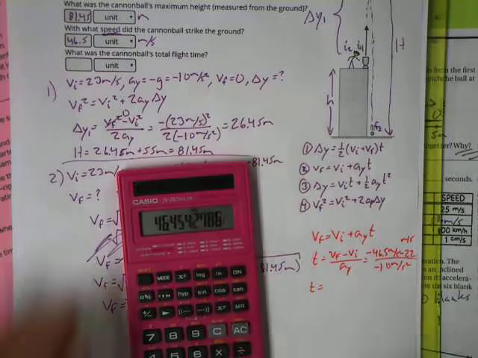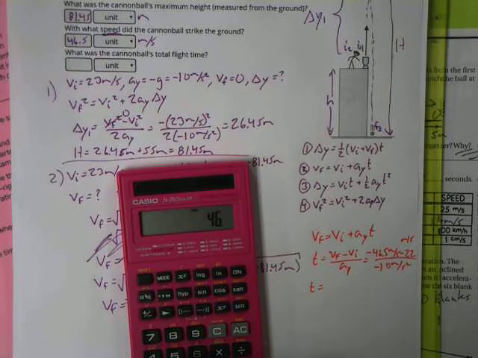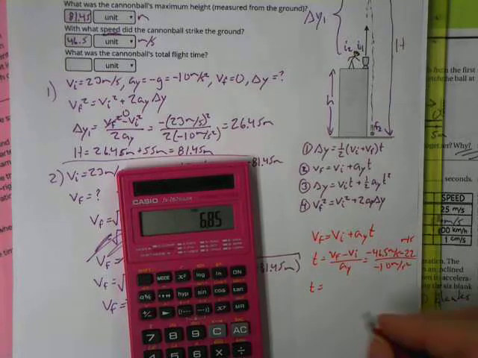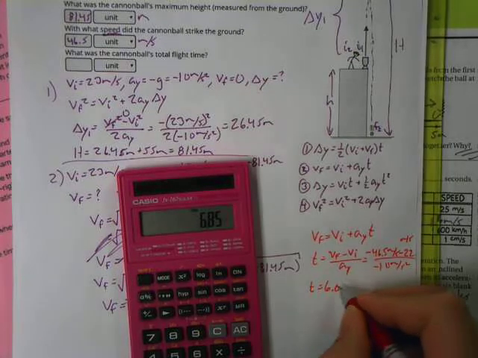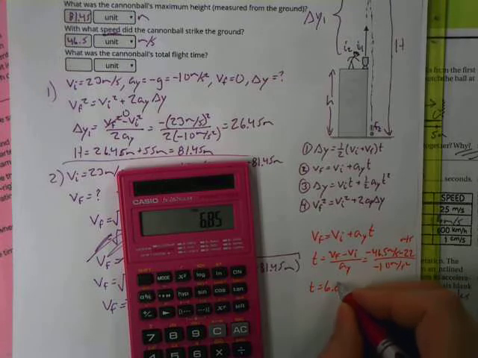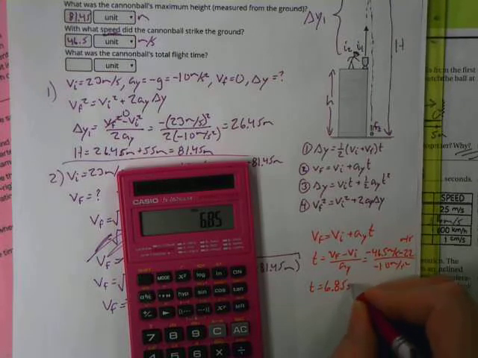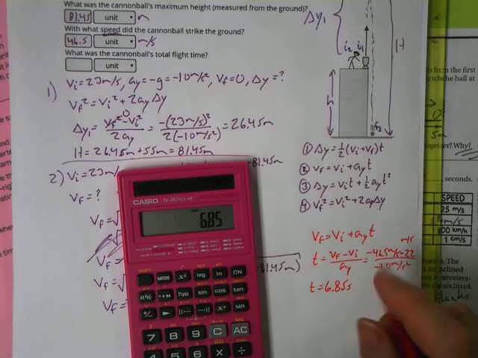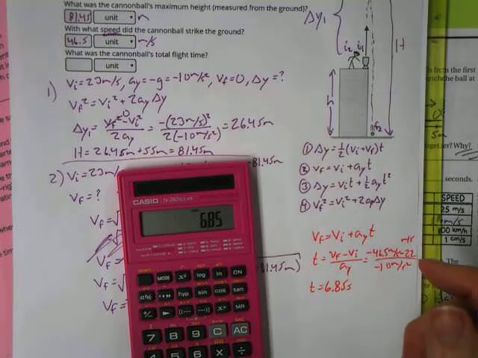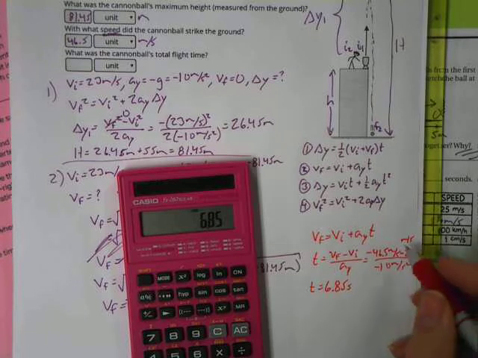So my time, negative 46.5 minus 23, divided by negative 10, is 6.85 seconds. All right, we have a minor discrepancy with the other one, which was 6.35, and I'm not sure which one's right.